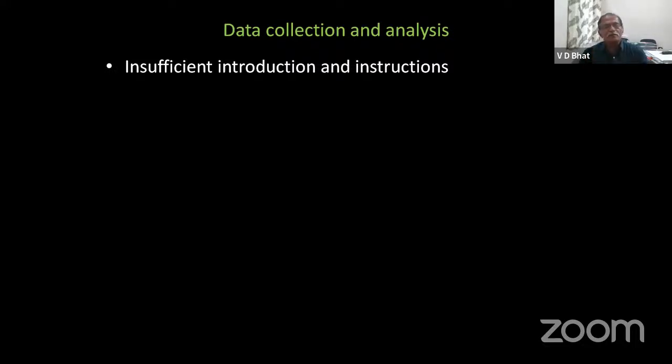How to fill it up, etc. It is possible that the respondent doesn't know how to fill it up. The respondent has interpreted the responses differently and filled it erroneously. So all this adds up to the error. Remember, if our finding is to be generalized, all these errors will have to be reduced. Whether it is sampling error or measurement error, they all add up to the errors of the study.